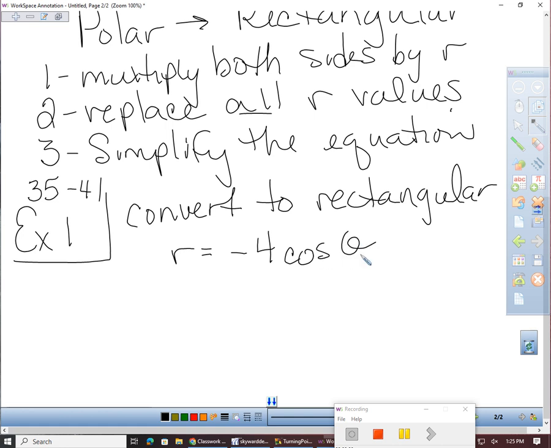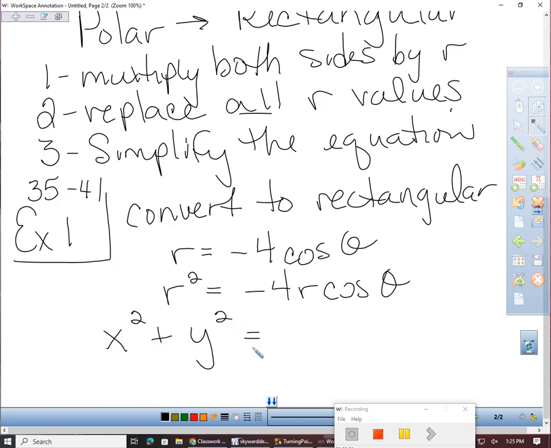Very first thing we do is multiply both sides by r. So on this side I have r squared, and on this side I have -4 r cosine theta. Step 2 says replace any r values. So r squared we can replace with x squared plus y squared. On this side, we can replace the r cosine theta with x.